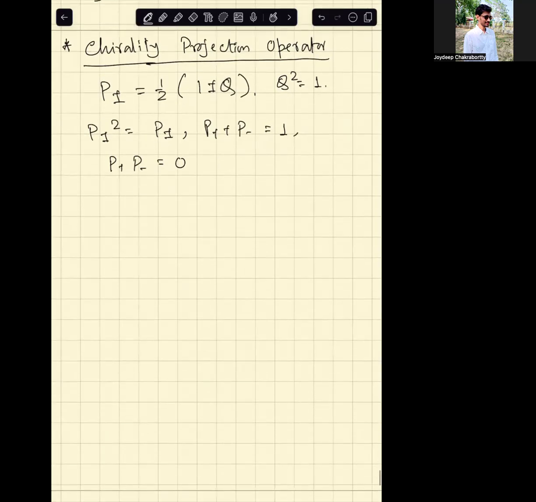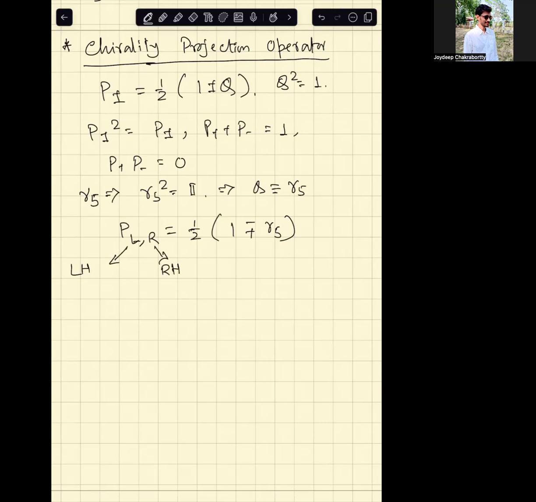Now, using the property of gamma five, we can see that gamma five squared is basically identity. So we can choose that Q to be my gamma five. And there we define something called PL and PR, which is 1 minus plus gamma five over half. So L stands for left hand or left chiral, and R stands for right hand or right chiral.